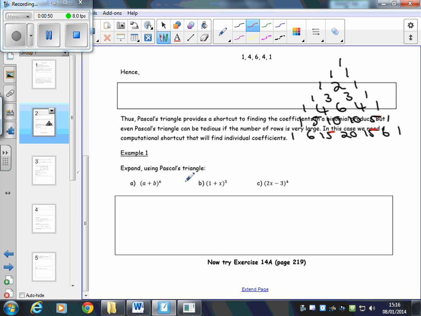So our first part, A, we're expanding (a + b) to the power of 6. So we need to use this bottom line of Pascal's triangle here.